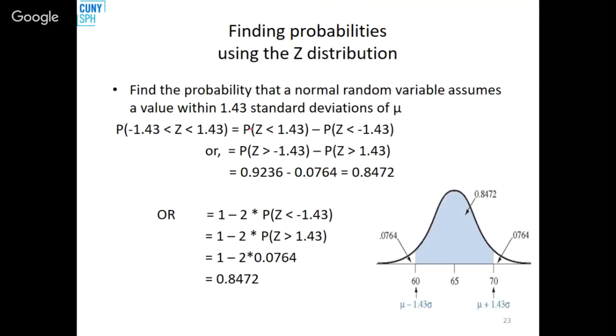You can calculate this, and there's multiple ways to do it. One way is to take the probability of z less than 1.43, so that would be everything to the left of here, and then subtract this, everything to the left of here. That's what I've written out here. The probability of z less than 1.43 minus the probability of z less than minus 1.43.